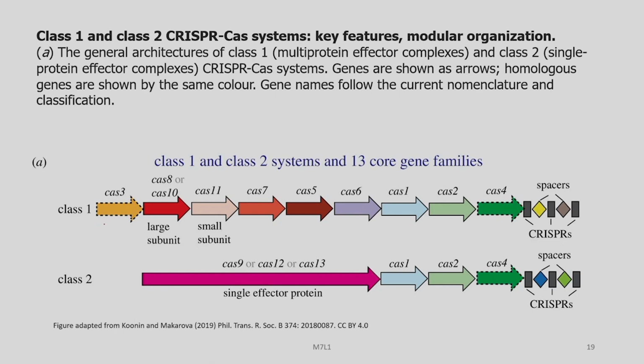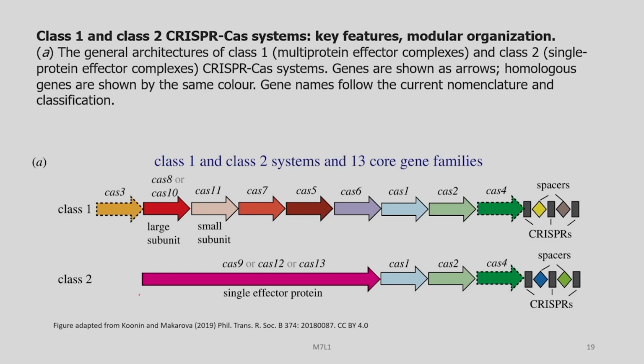You can see here in class 1, Cas1 and Cas2 are present in both, in fact in all CRISPR-Cas systems, as we have already discussed. But besides these two highly conserved genes in all the systems, there is variation in the other Cas genes.